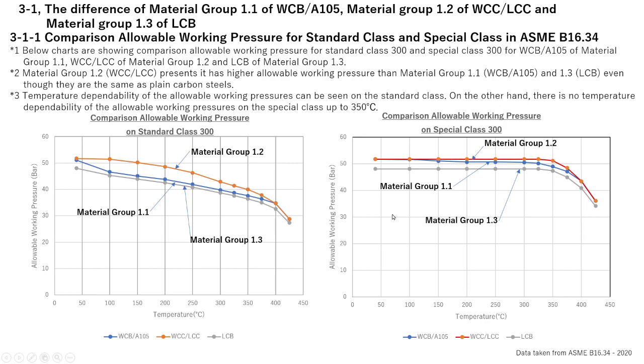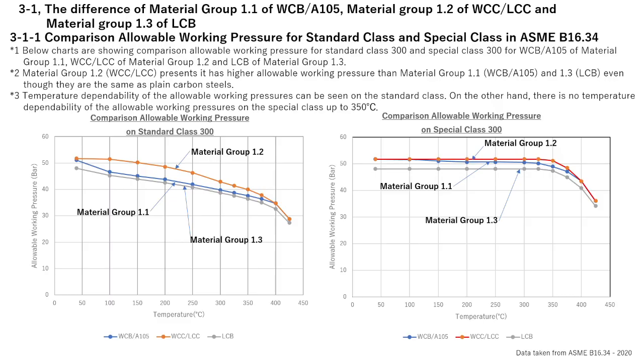In the case of special class 300, for material group 1.1 and material group 1.2, the allowable working pressure is almost the same value, but at temperatures over 100 degrees Celsius and with increasing temperature, material group 1.1 allowable working pressure is somewhat decreasing.